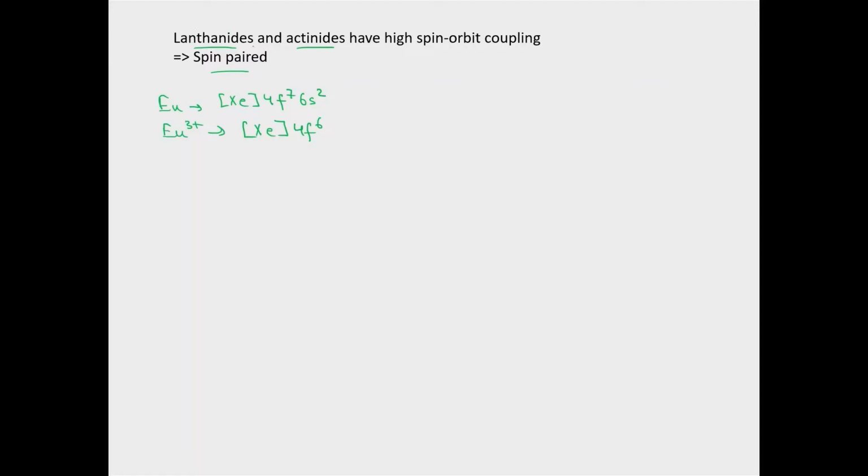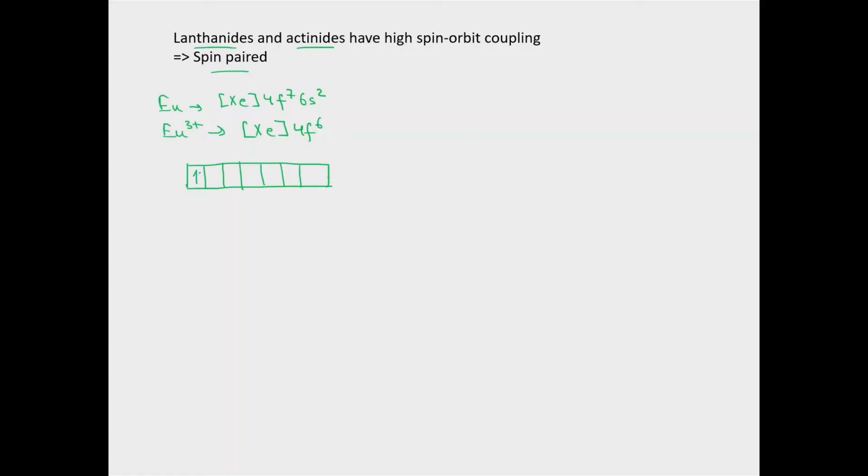Now as lanthanides and actinides have high spin orbit coupling, the electrons will be spin paired. So in the f orbitals, there are 7 f orbitals, 1, 2, 3, 4, 5, 6 and 7.